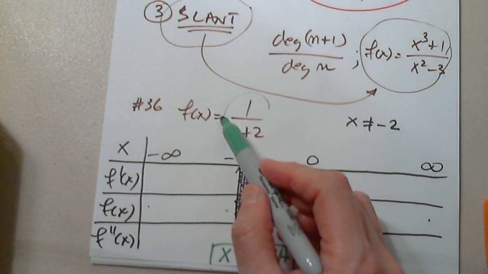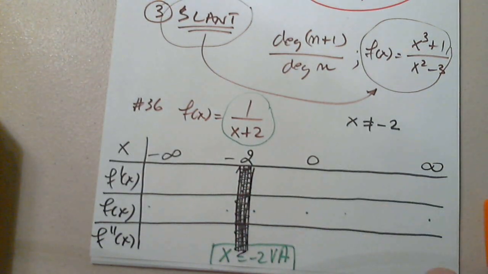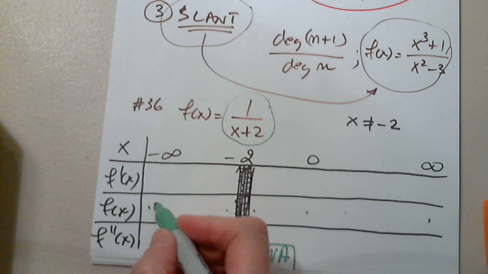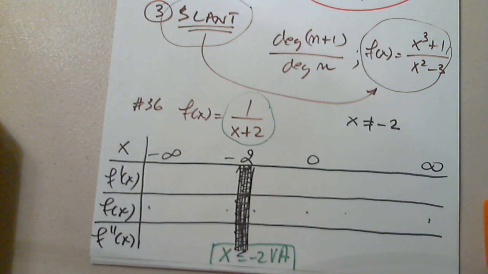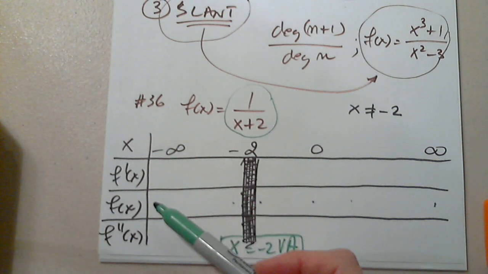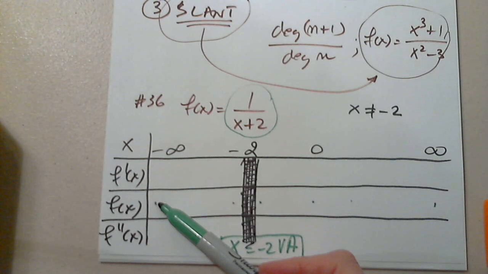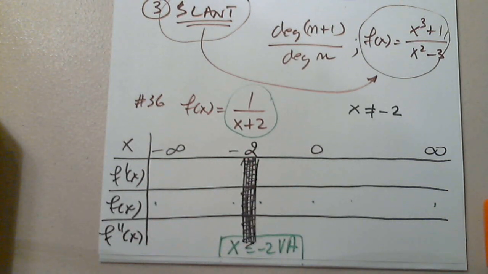Can anyone tell us what is the horizontal asymptote of this function? And I will put it in right here. Which type is it?